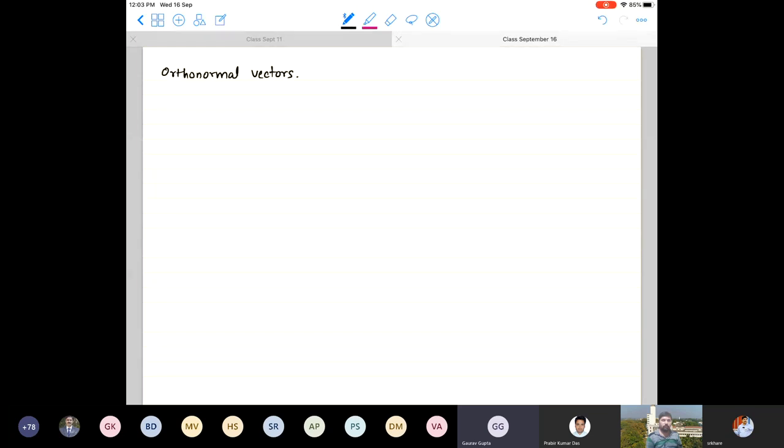Every affine function is... No, every linear function is an affine function, because if you take b equal to 0 in that affine function, it becomes a linear function. But every affine function is not a linear function, because if you take b not equal to 0, then it's not a linear function, right?